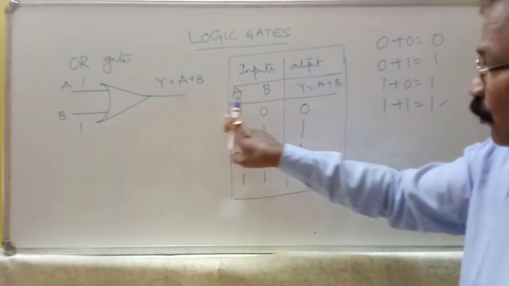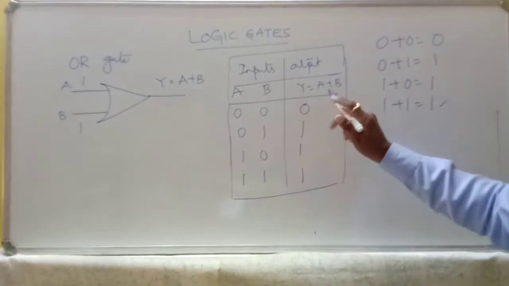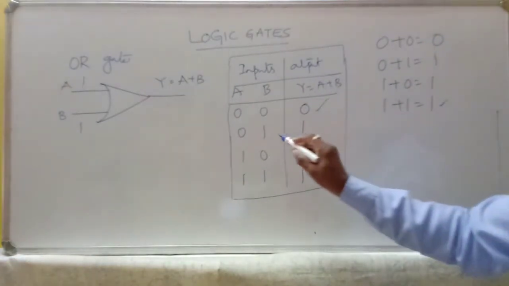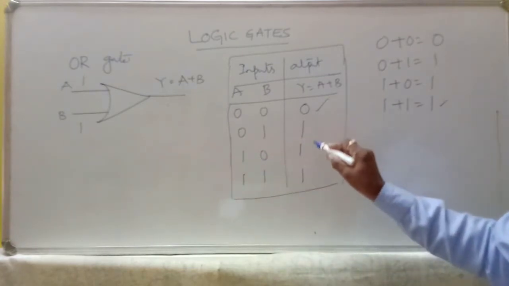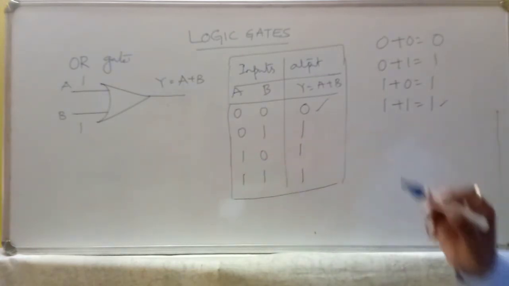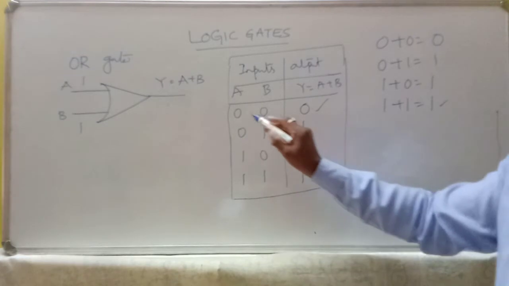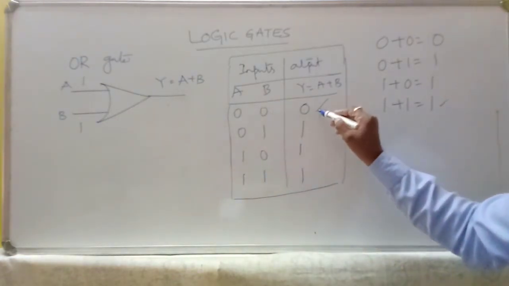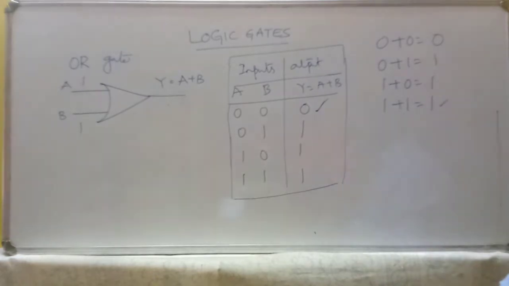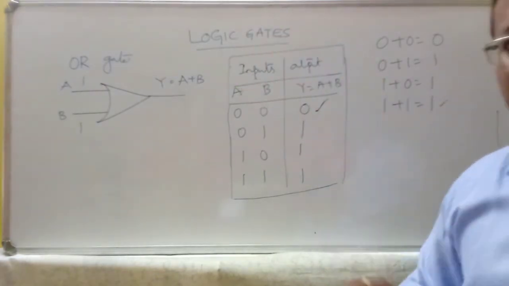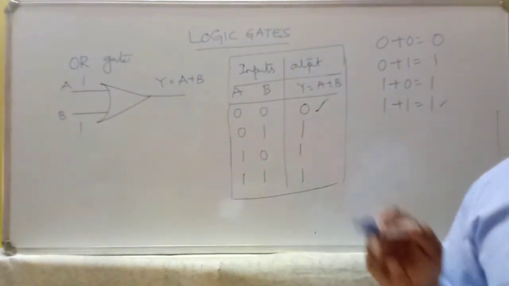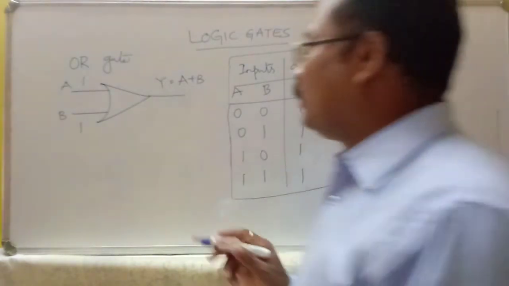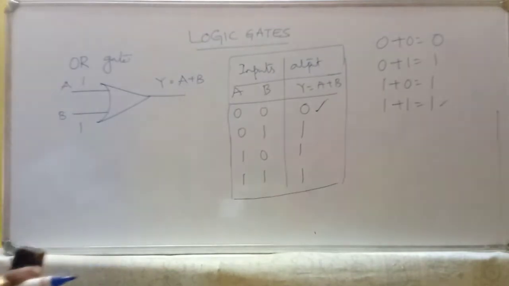Whenever all the inputs are 0, only then is the output 0. So this is the OR gate, which is used for logical addition. Next one is the NOT gate.